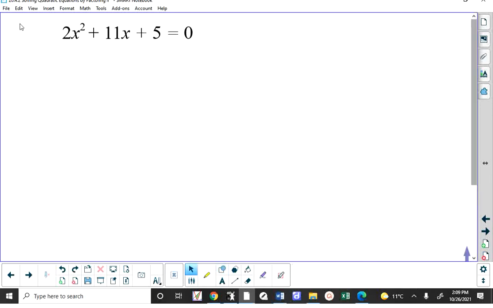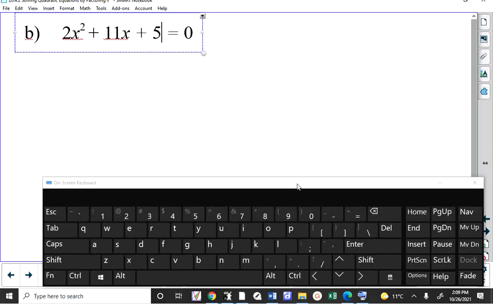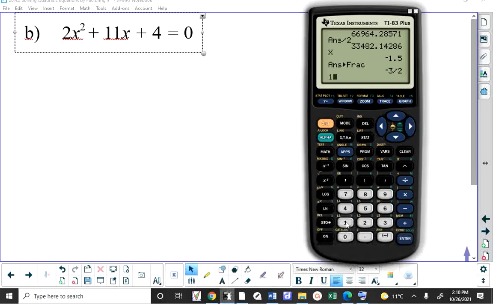Let's do, and I just want to check something before I close this off. 121 minus 32. 121 minus 4ac.